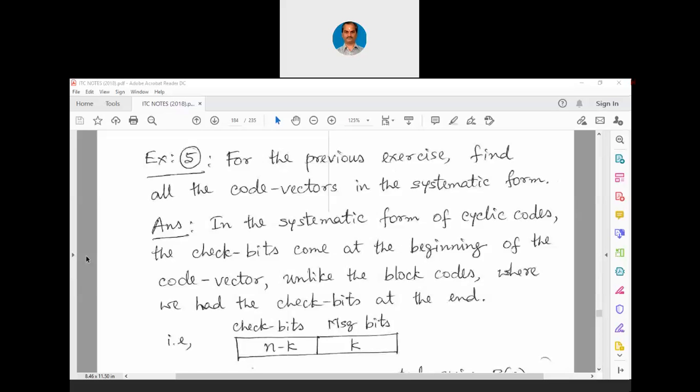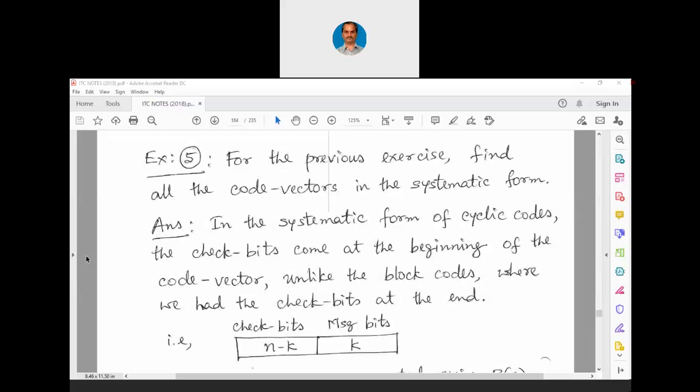In the systematic form, we had a procedure of polynomial division where we found the remainder of the division, and then the remainder was used along with the data vector for obtaining a code vector. That was the exercise which we were seeing in the last class. Finally, the remainder and the data vector were concatenated to obtain the code vector.